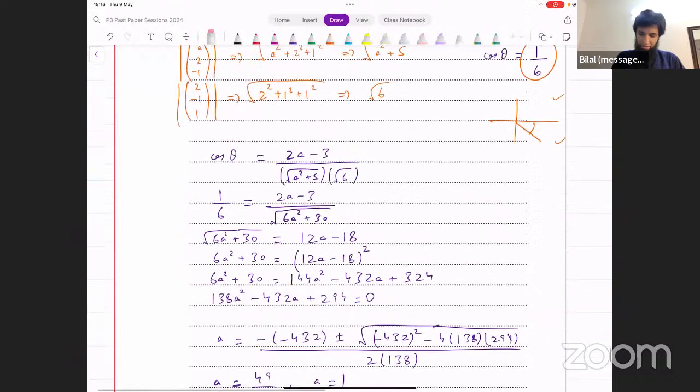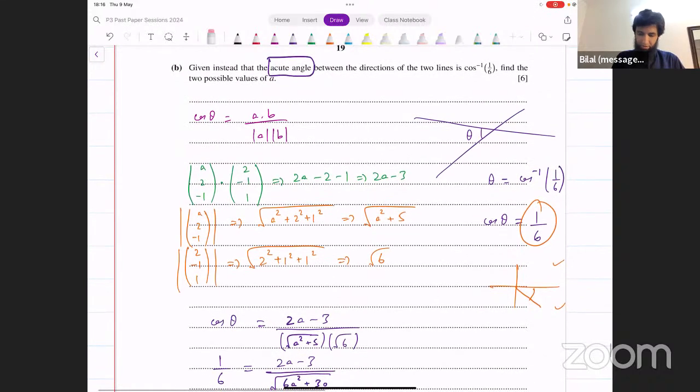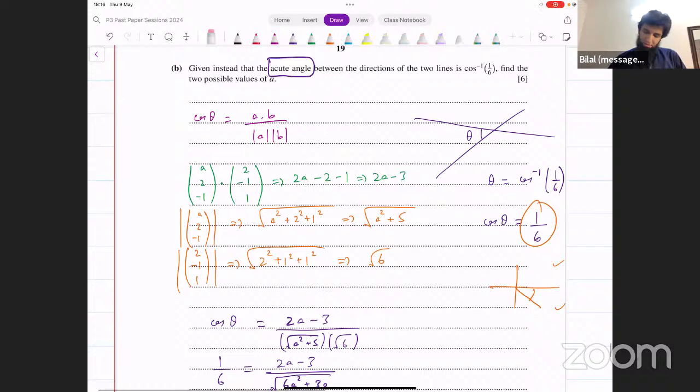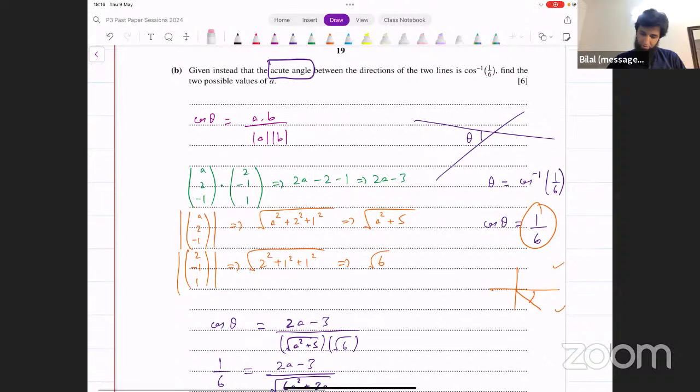But it becomes negative if A is 1. If A is 1, this would be negative. And then we could just reverse that. That makes sense, and give an obtuse angle. Okay, all right. So that makes sense. That's okay. So it turns out that's not going to cause a problem here.